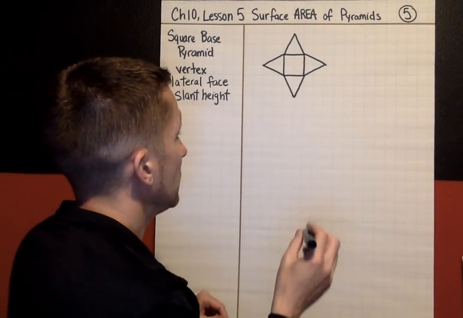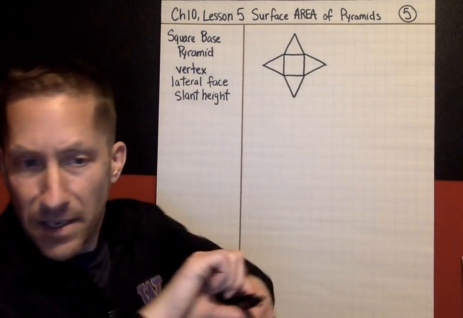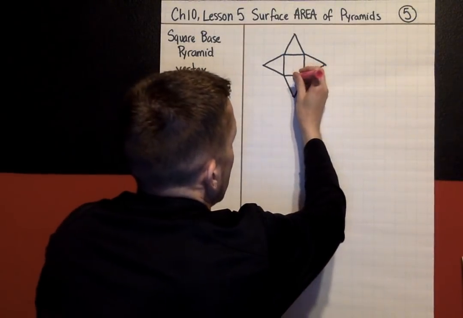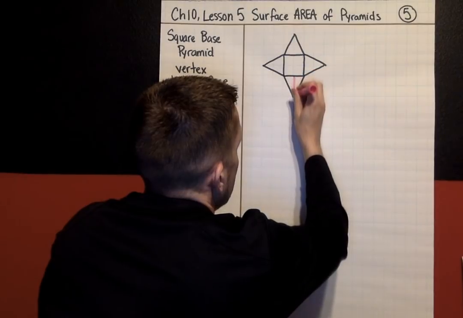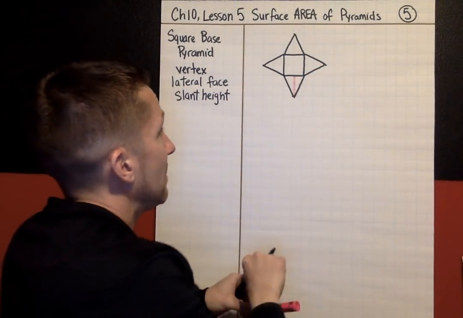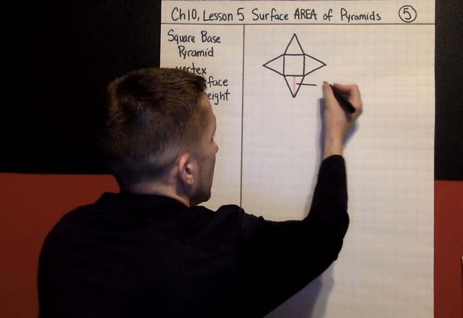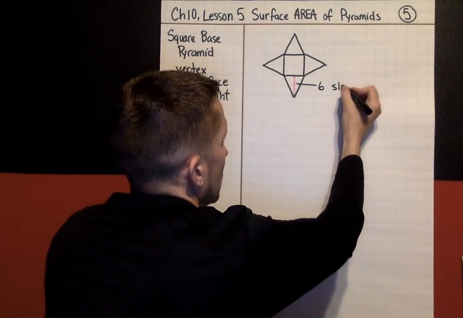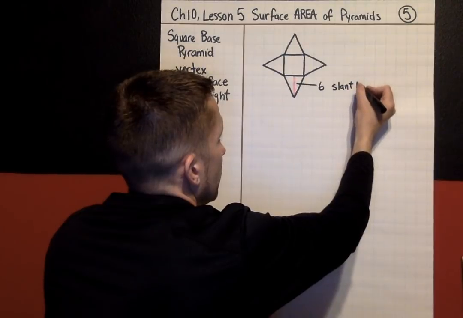So I'm also going to use a pink highlighter and draw this line. And that pink line, I'm going to say that is 6 units, and this is also called the slant height of the pyramid.